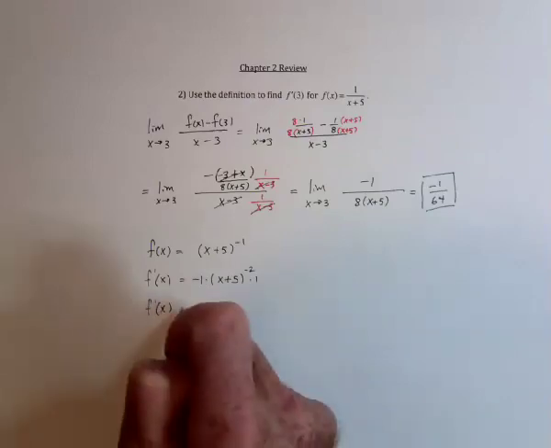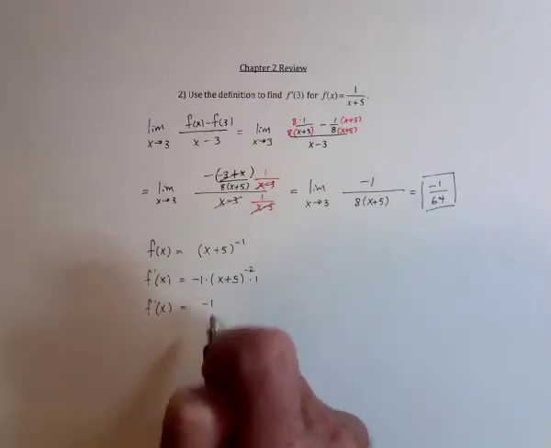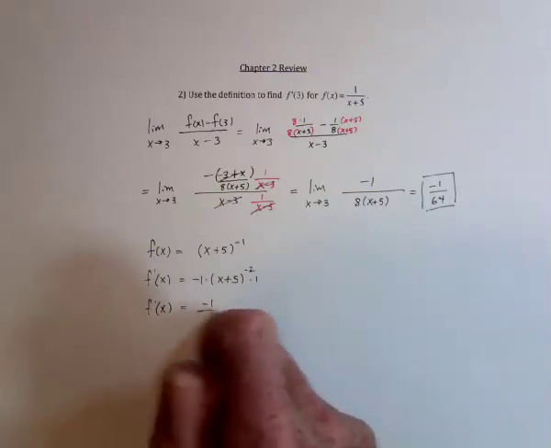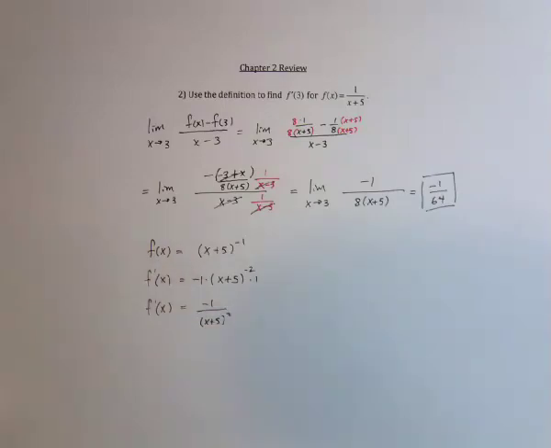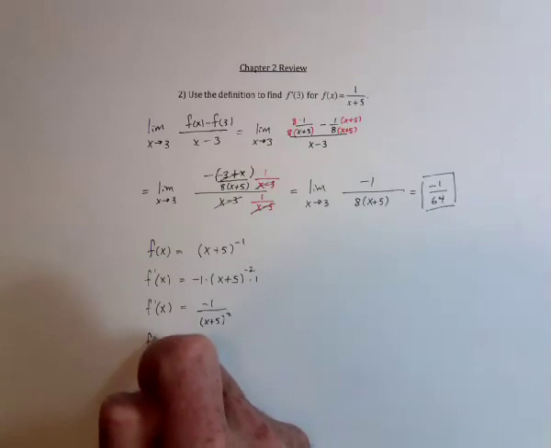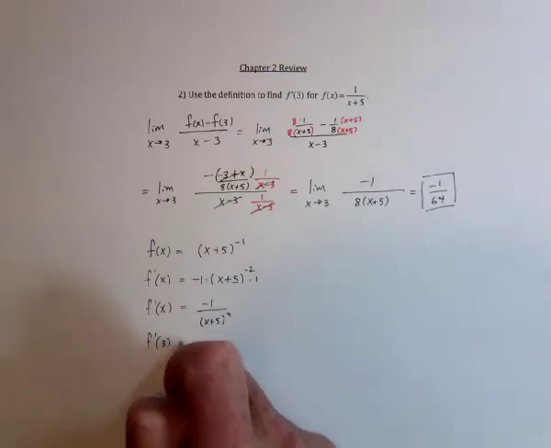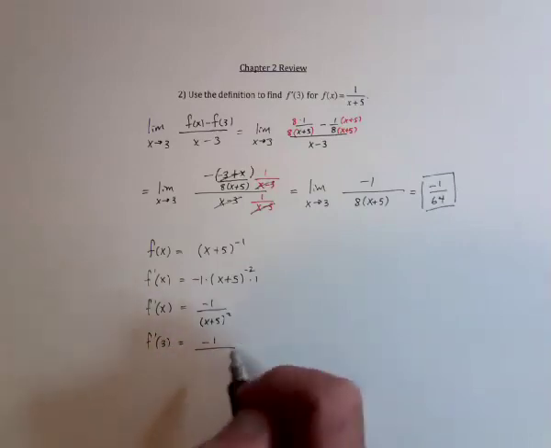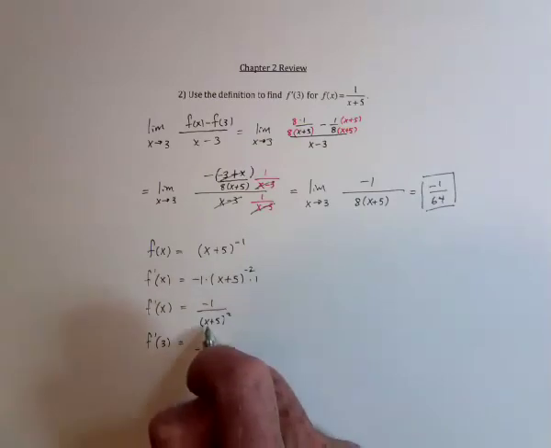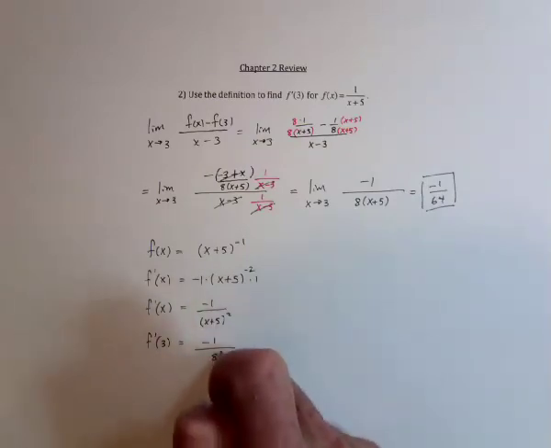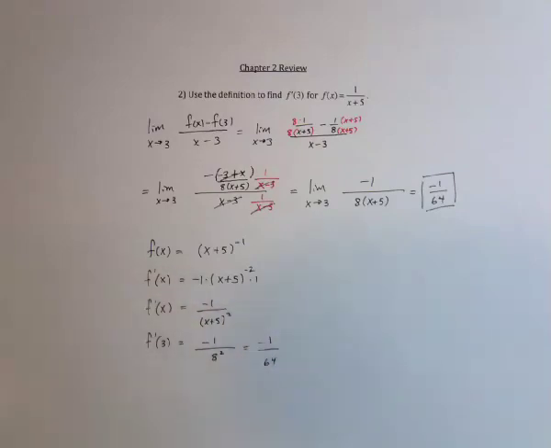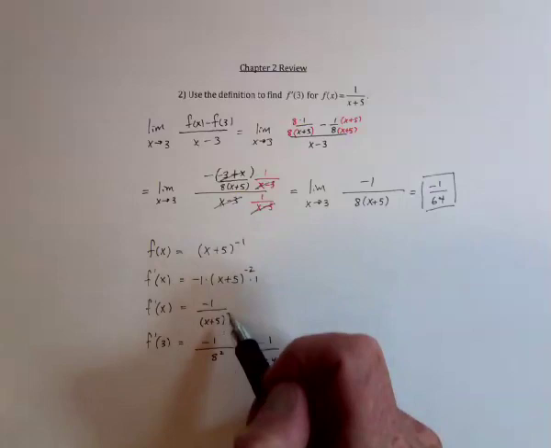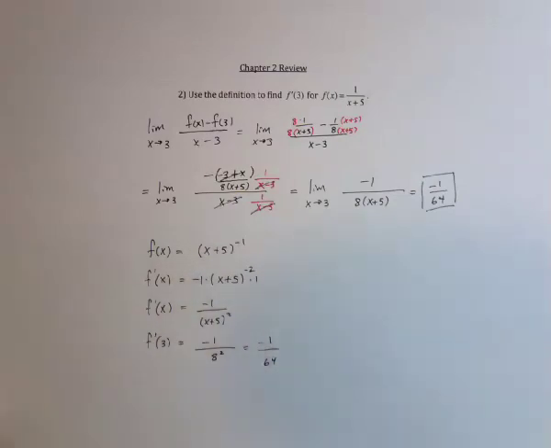So rewrite it without a negative exponent, and it's got a -1 on top, and then it's got x plus 5 squared in the denominator. And the last thing to do is substitute a 3. And so this is going to be a 3 plus 5 is 8, so 8 squared. Sure enough, it's right. Sorry, but this is the shortcut method that we're learning in the next chapter.